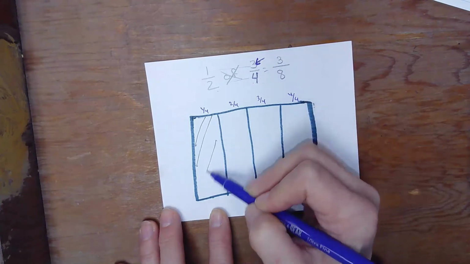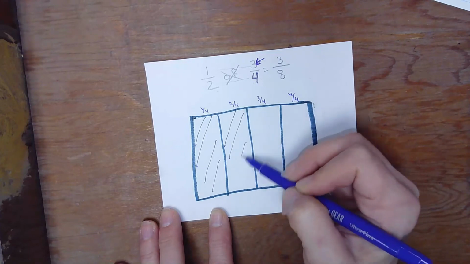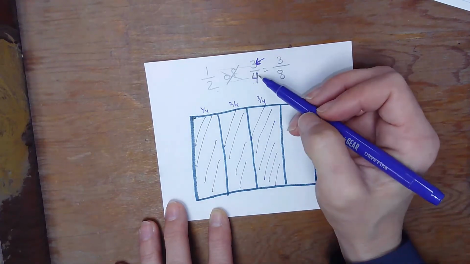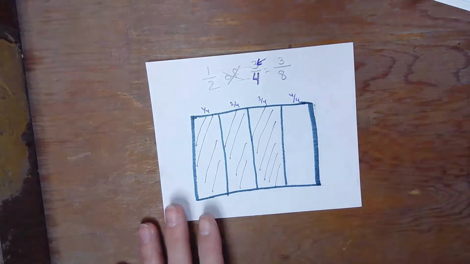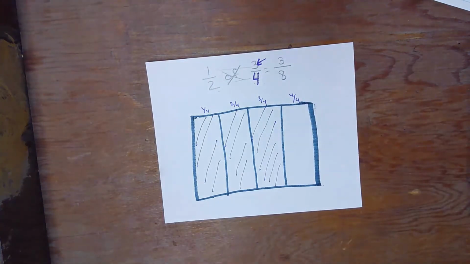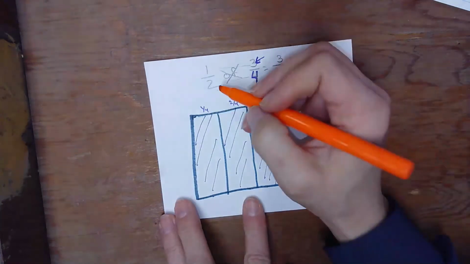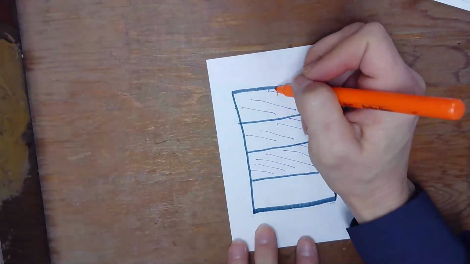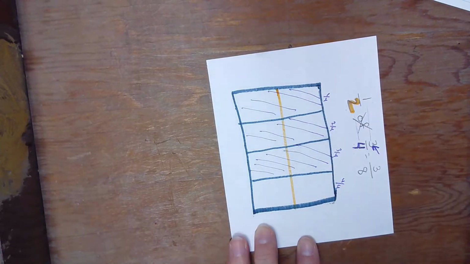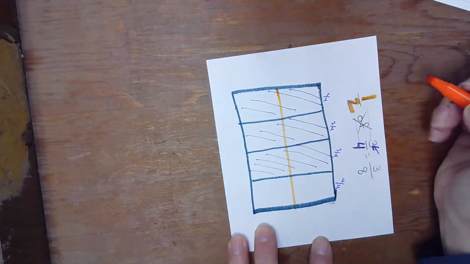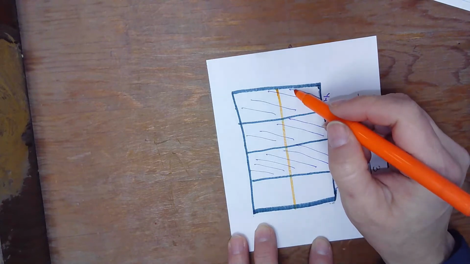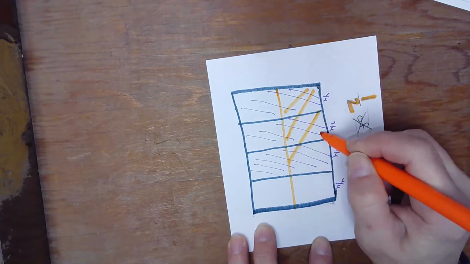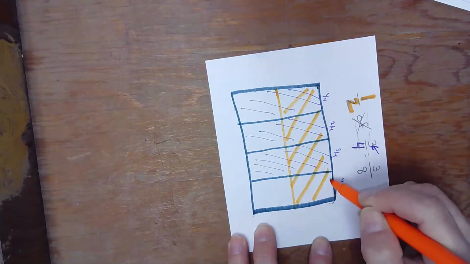So there's 1/4, there's 2/4. Now I have 3/4. That part is done. So I have 3/4 showing right now. Now I need half, which means I take the whole thing, split it into 2 pieces. Of those 2 pieces, I need to shade in 1. So 1 of 2 pieces in the whole thing.